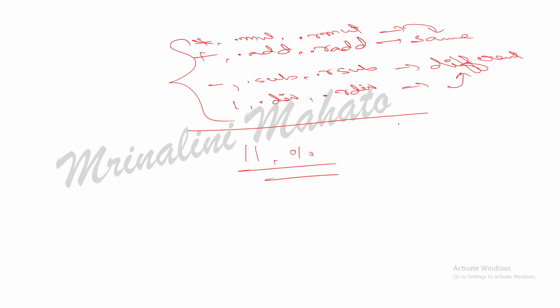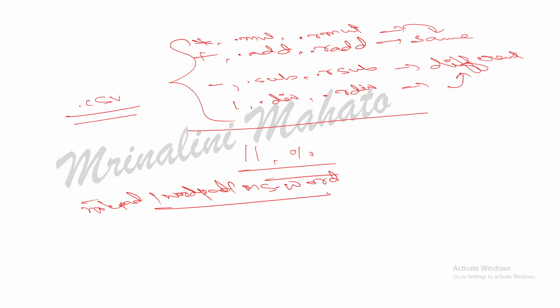And what we learned today: CSV, how to create a CSV file. What is a CSV file? A .csv format. You can open Notepad, WordPad, or MS Word, and there you have to give a delimiter between every value.